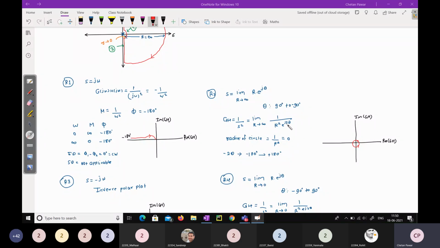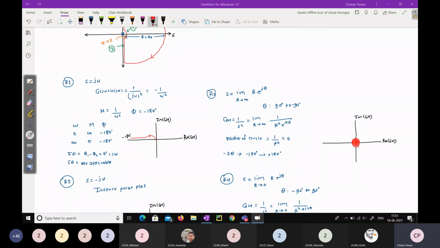And if you see the angle, the e raised to j 2 theta term will go on the upper side, so the angle will be minus 2 theta, right? We are varying theta from plus 90 to minus 90 degree. So what will be the minus 2 theta? That will be minus 180 to plus 180. So this will be a circle having the radius 0. Generally this circle is neglected in many textbooks.